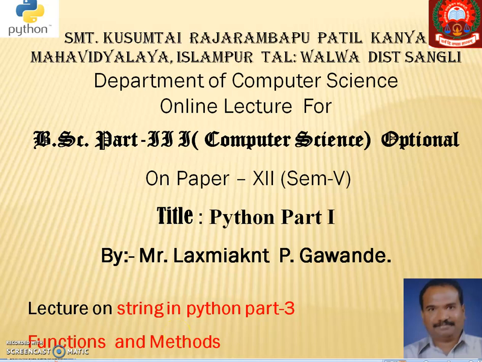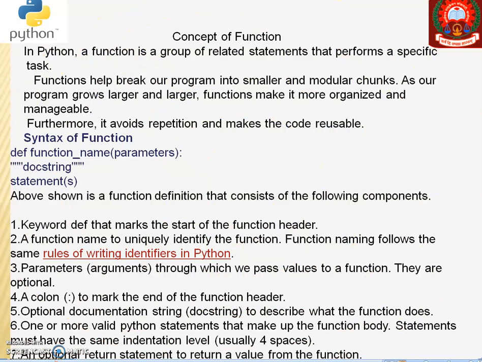in this lecture. So we are familiar with the function that we have used in C, C++, Java and all these things. As far as Python functions are concerned, we are just going to see the basic concept of Python functions. That is, in Python a function is a group of related statements that perform a specific task.